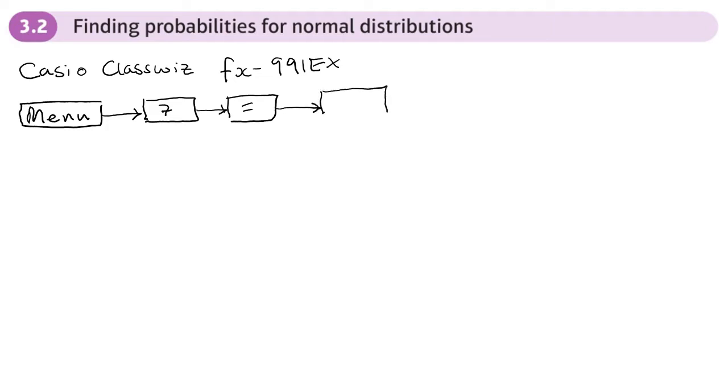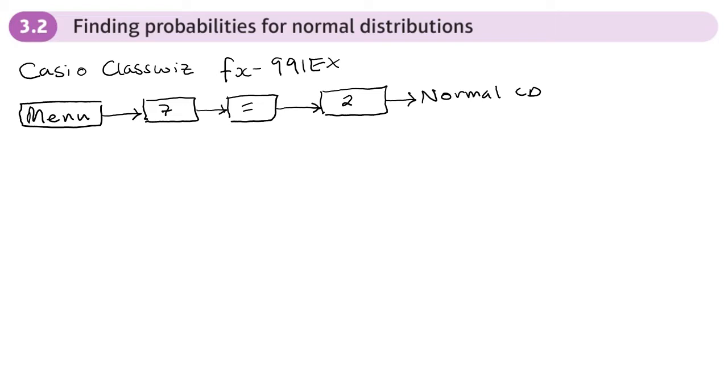Now you would have used this already with the binomial PD and binomial CD. We're going to be using the normal CD, because we want the cumulative probabilities, and pretty much literally every question that we do, we're going to be using the normal CD.